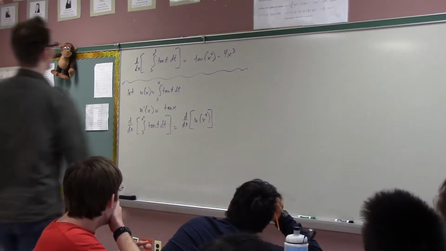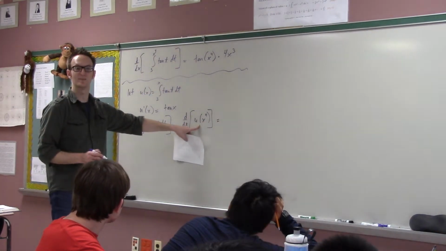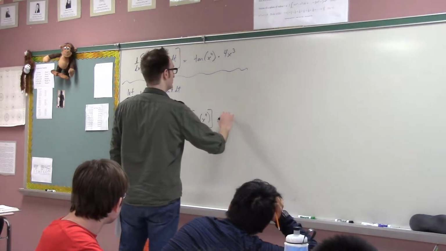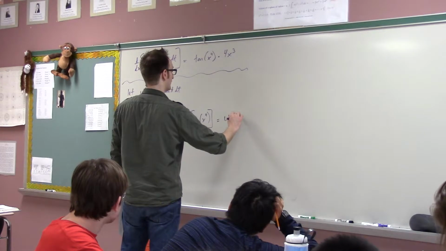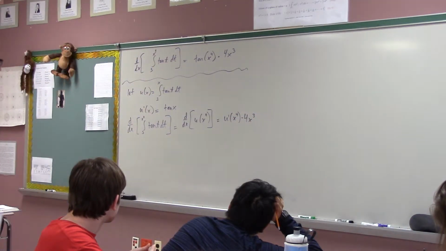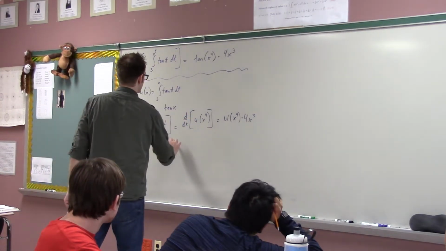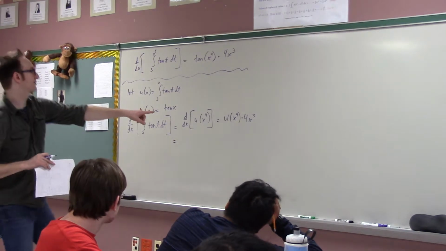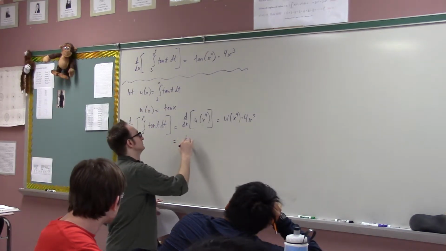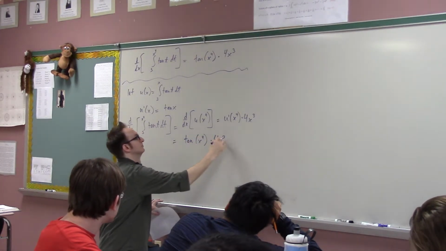And what is the derivative of u of x to the 4th? Well, clearly now the chain rule is required, right? The chain rule says that this is u prime of x to the 4th, back inside, times 4x cubed. And what is u prime of x to the 4th? Well, just plug x to the 4th into u prime: tan of x to the 4th times 4x cubed.